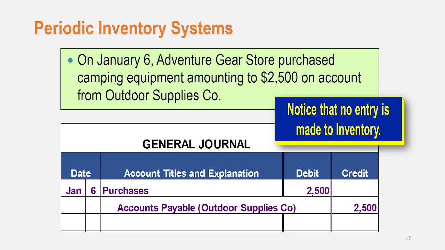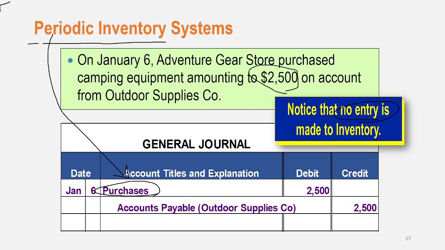As we know, in the periodic inventory system, the amount of inventory is updated periodically, not perpetually. So there are no entries made in inventory. Instead, we use purchases. Purchases is a type of cost and it is debited by 2,500.